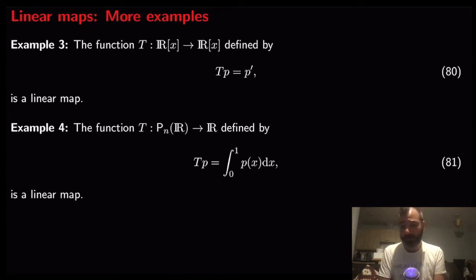Another example, slightly more interesting. Take T to be a linear map that takes in a polynomial p and gives you back the derivative of p, which is another polynomial. This is a linear map. It takes a polynomial, gives you the derivative.